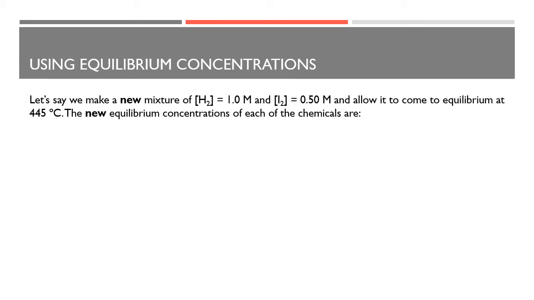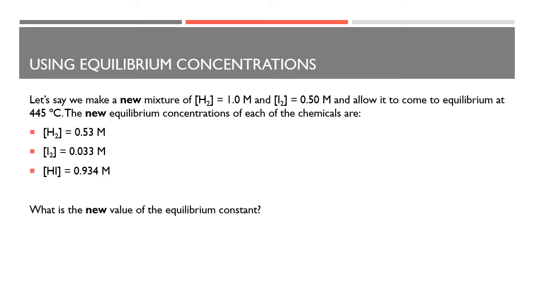Let's take a look at this exact same reaction, but we're going to start with a new mixture of 1 molar H2 and 0.5 molar I2. We allow this to come to equilibrium at the same temperature, and the new concentrations of each chemical at equilibrium are H2 is 0.53 molar, I2 is 0.033 molar, and the HI is 0.934 molar.